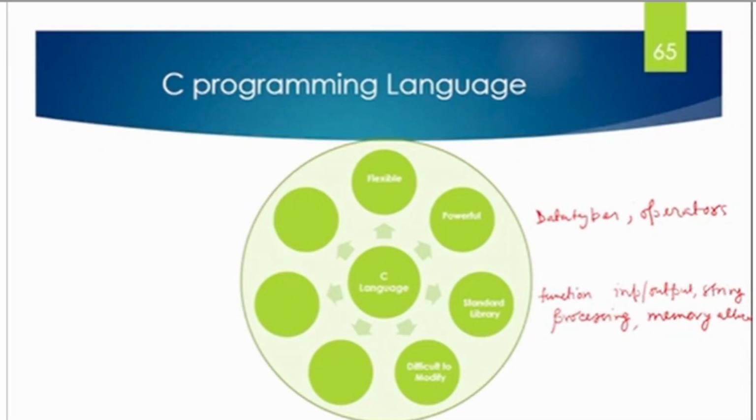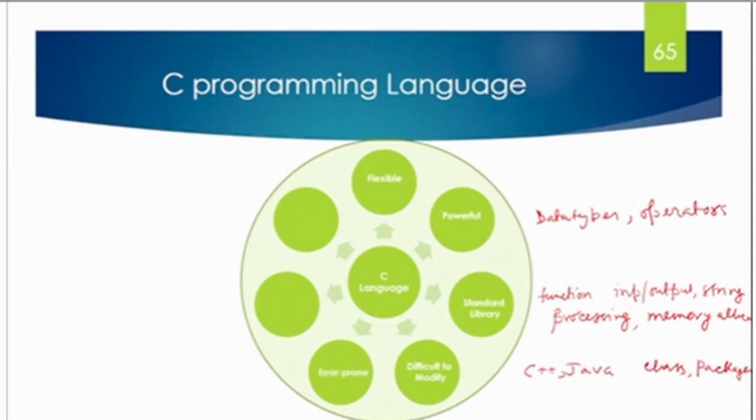Now if you look into other languages like C++, Java or Python, all these languages have some special features like classes and packages. So all these features help these languages to split a large program into multiple manageable pieces. So in that way these languages are better on this point compared to C.